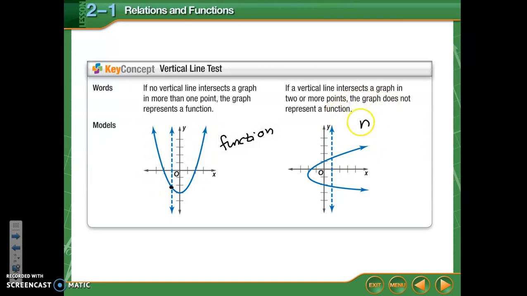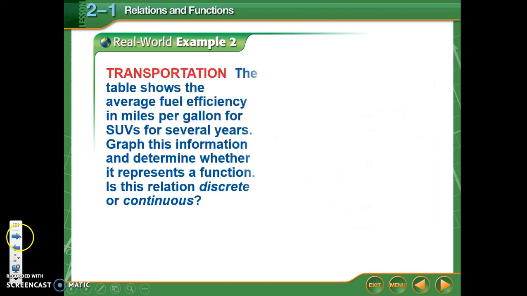If the graph is not a function, then if I draw a vertical line, it's going to cross it more than once. The reason that this is not a function is because this ordered pair would be like 1, maybe 1.2, and this ordered pair would be 1, negative 2.1, let's say. But notice that both of the ordered pairs have the same x value, so this is not a function. So this is a visual way to figure out if a relationship is a function or not.